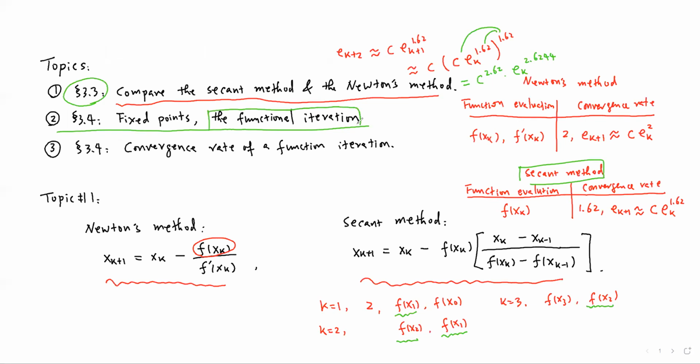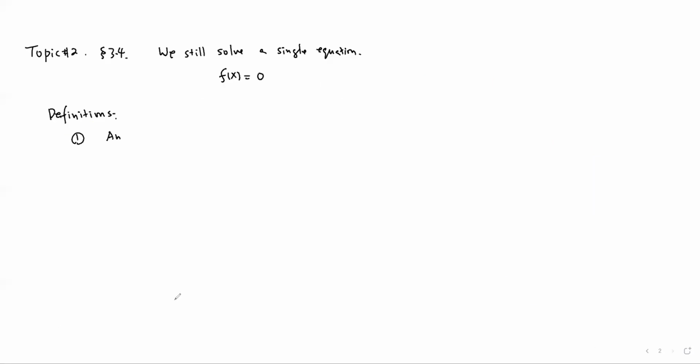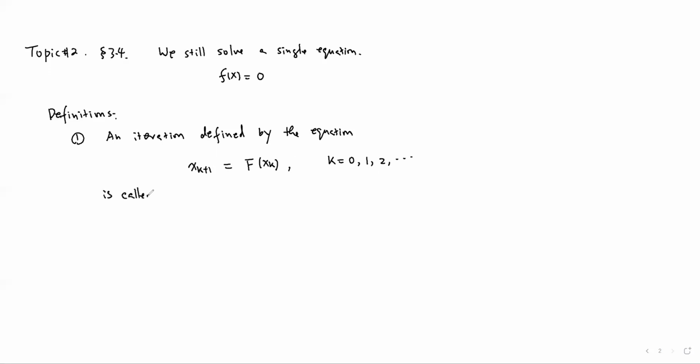An iteration defined by the following equation, x(k+1) equals F of xk, where k is 0, 1, 2, and so on, is called a functional iteration, where capital F is some function.